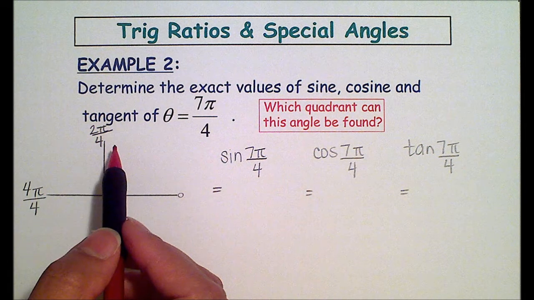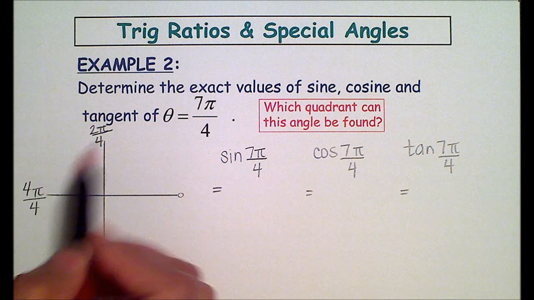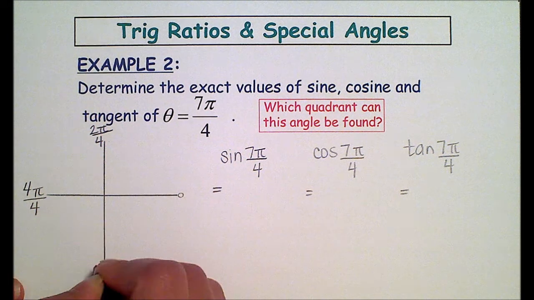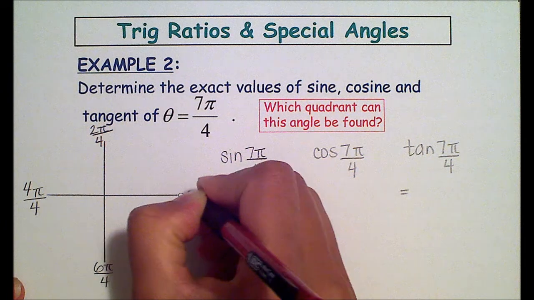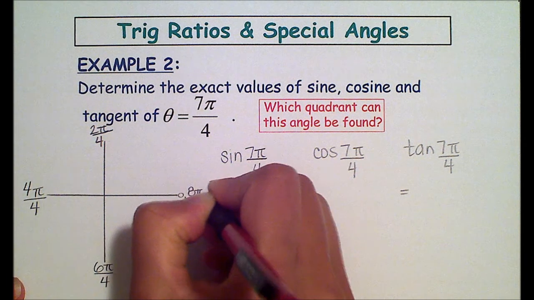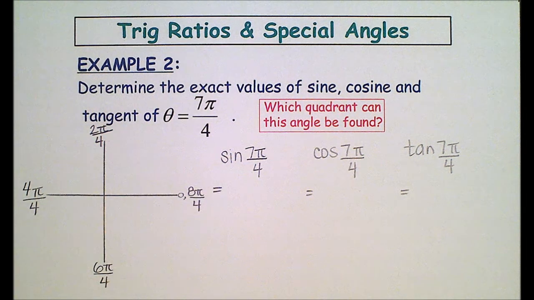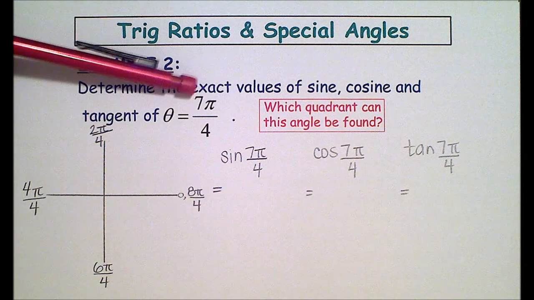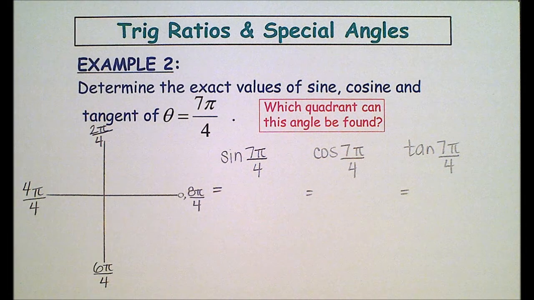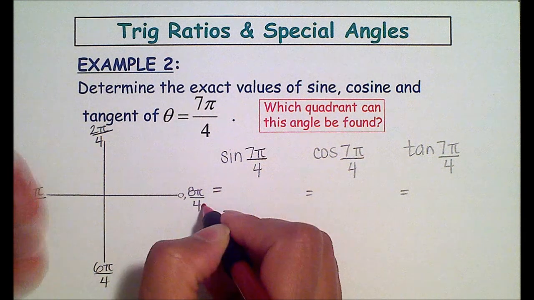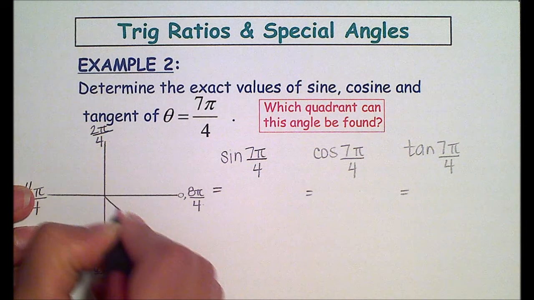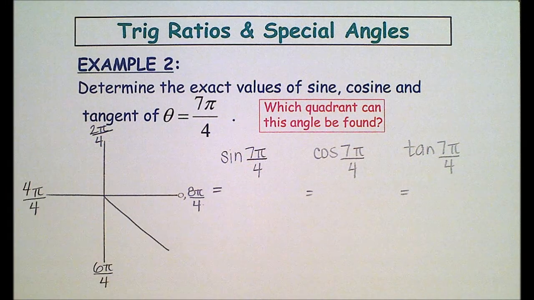So this is 2 pi over 4, this is 4 pi over 4, that would mean this is 6 pi over 4, and all the way up till here, this would be 8 pi over 4. The ratio I'm looking at, 7 pi over 4, has to fall somewhere in between 6 pi over 4 and 8 pi over 4, which means the angle that I'm looking for has to be in quadrant 4.